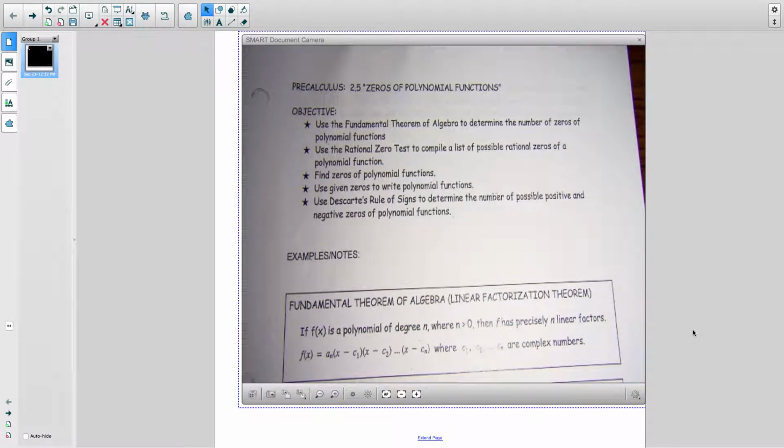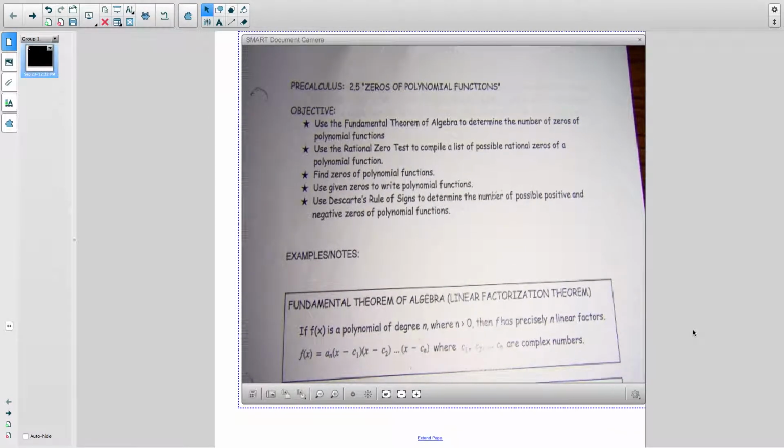What we're going to do is use the fundamental theorem to determine the number of zeros. We're going to use the rational zero test. We're going to find the zeros. We're going to use the zeros to write a polynomial function. And we're going to look at Descartes' rule of signs.